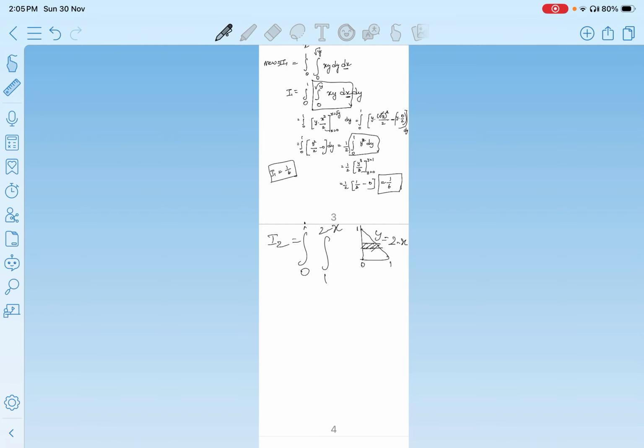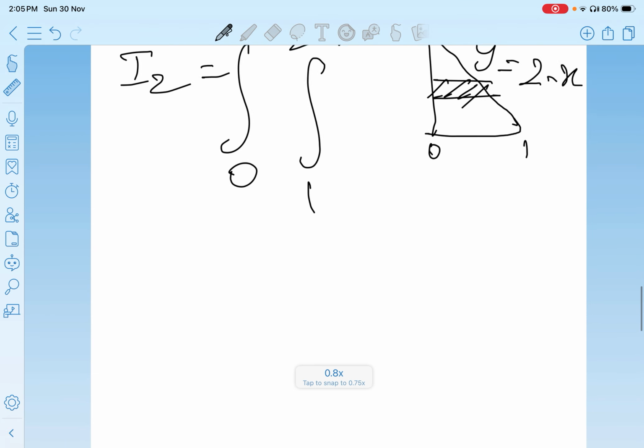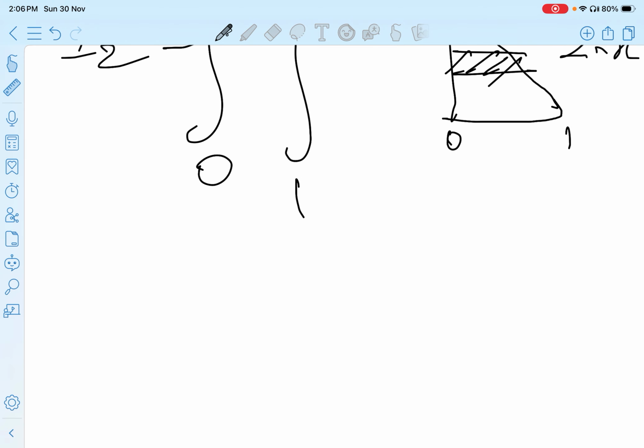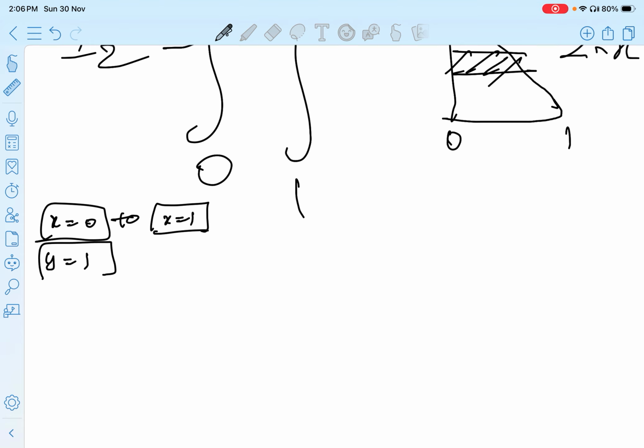So this is what we found. Now we are going to change it. So our x region is 0 to x equal to 1, and your y region is from y equal to 1 to y equal to 2 minus x. Okay.